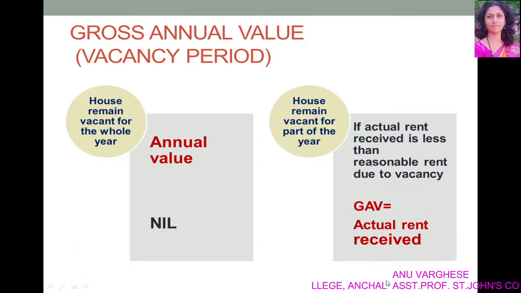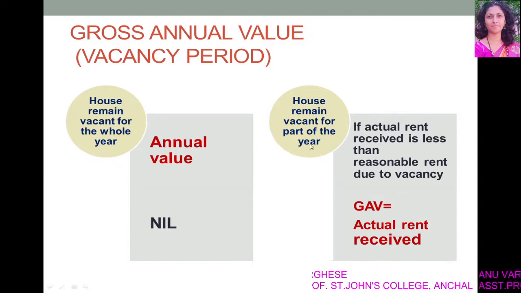In the usual way, we compute gross annual value by comparing fair rental value with municipal value, whichever is higher. That has to be compared with the standard rent, whichever is lower, and then compared with actual rent, whichever is higher.